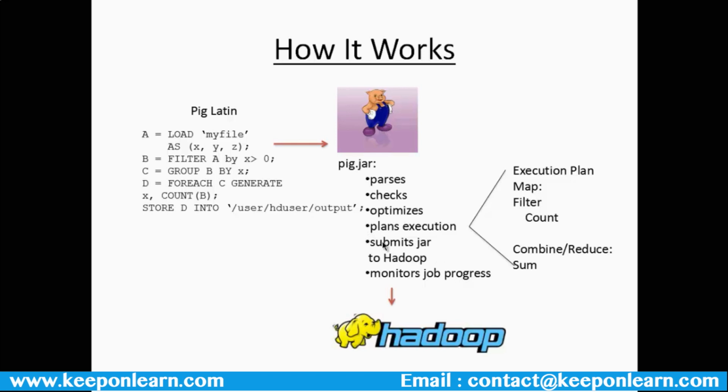It creates the execution plan, which has the number of MapReduce programs, how many mappers you are going to trigger, and how many reducers. All these things will be created by the compiler. Once that is done, it will be handed over to the Pig engine, which indirectly hands it over to Hadoop. Then the job tracker or resource manager takes care of the MapReduce program completely from there.